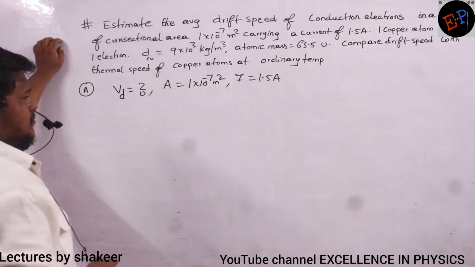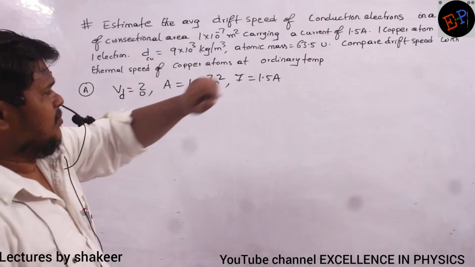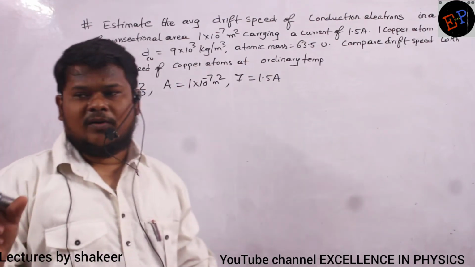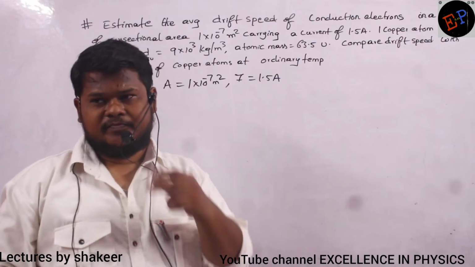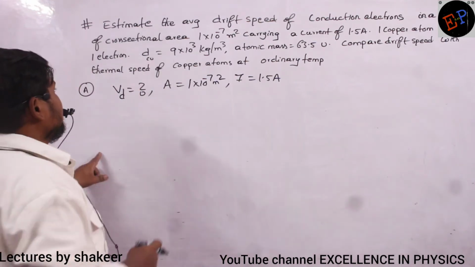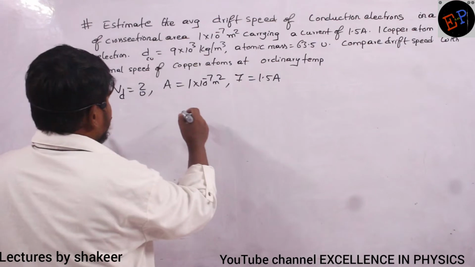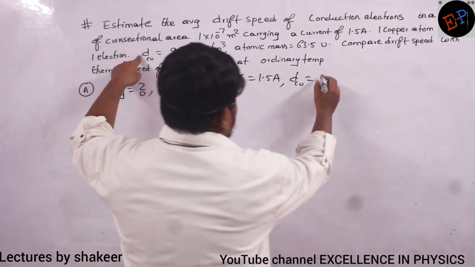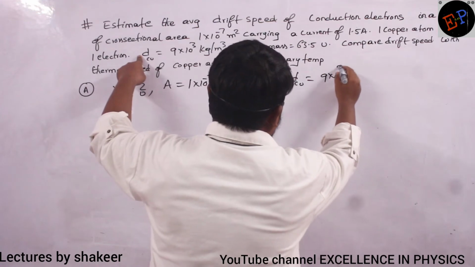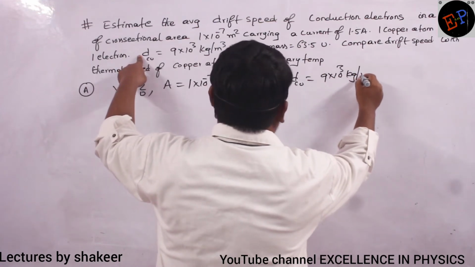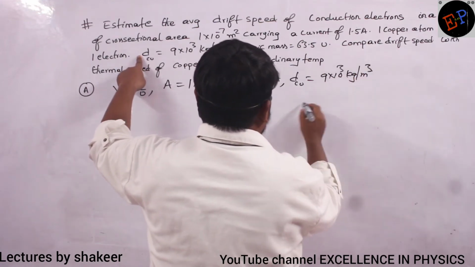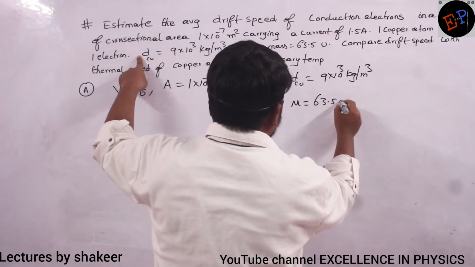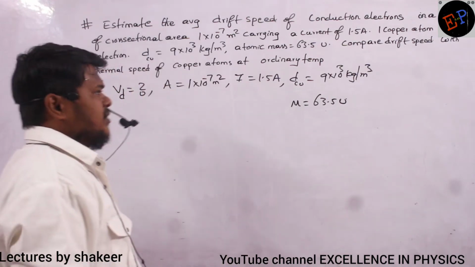Then he said that one copper atom contributes 1 electron. One copper atom will give 1 electron. Density also he gave: the density of copper is 9 into 10 power 3 kg per meter cube. And atomic mass also he gave, 63.5 atomic mass units.